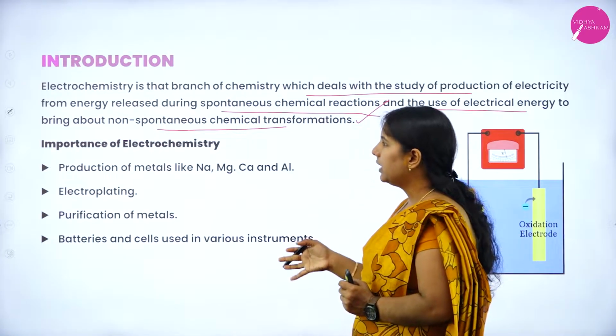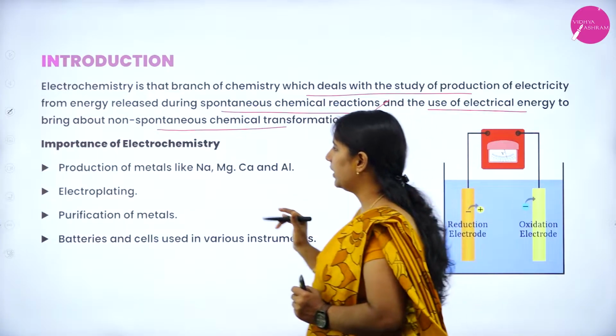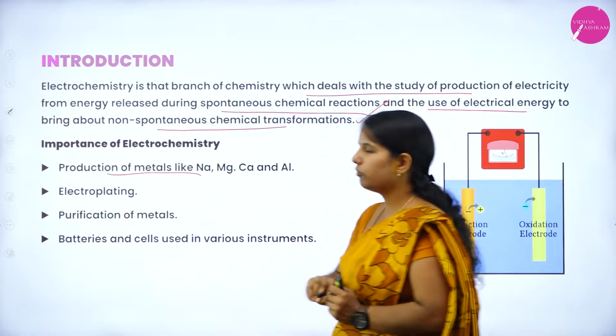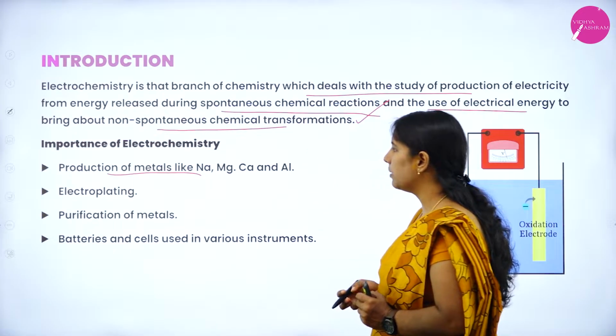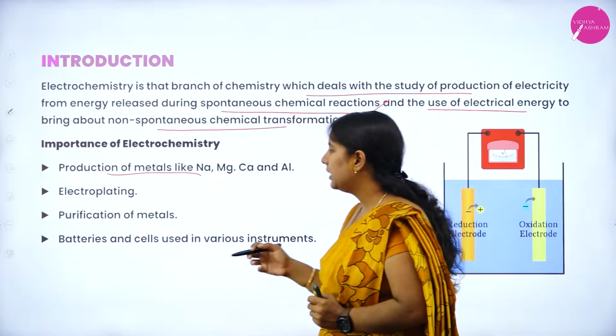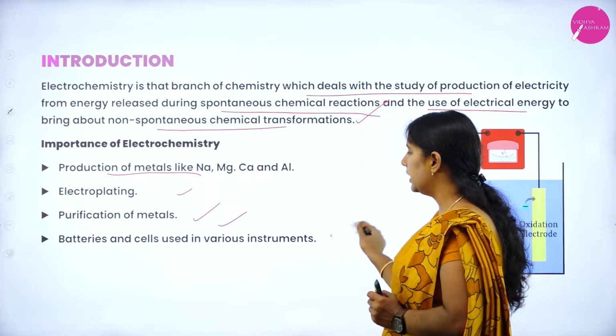Now, what is the importance of electrochemistry in our daily life? We can use electrochemistry techniques for the production of metals like sodium, calcium and aluminium, in electroplating, in the purification of metals, and in batteries and cells, which are used in various instruments.